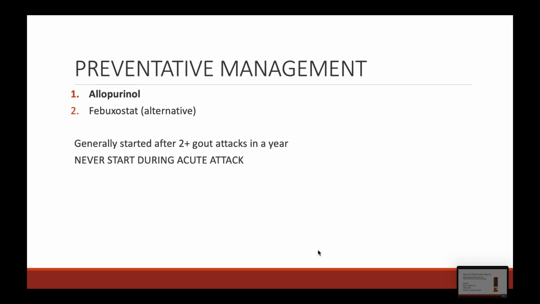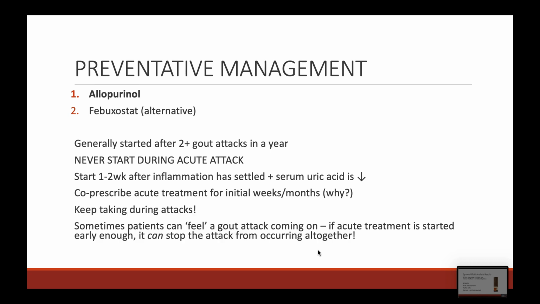Okay, and like I said, going back to this now, you should never initiate or start allopurinol during the initial acute attack. However, if they are already on allopurinol, then they should keep on taking it during the attacks. However, if they have never had it before, do not start them on allopurinol. Okay, this will worsen the gout attack, and they will increase the pain.